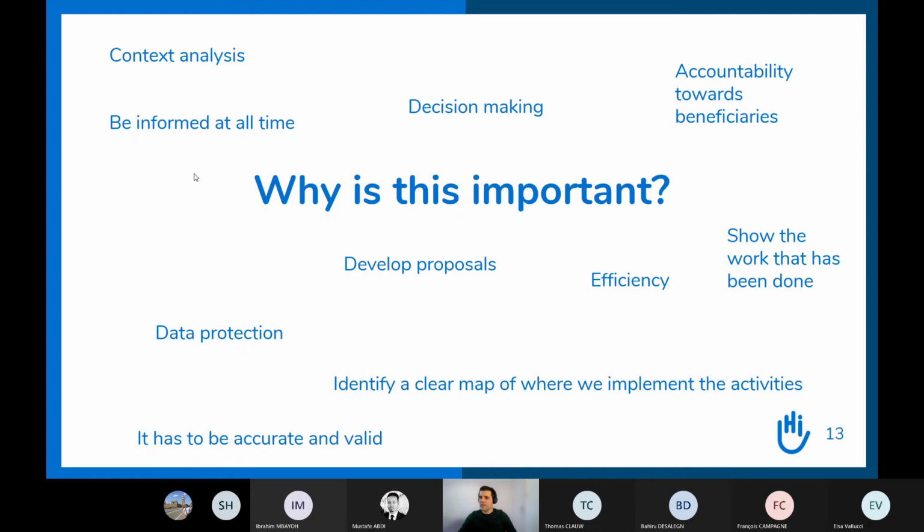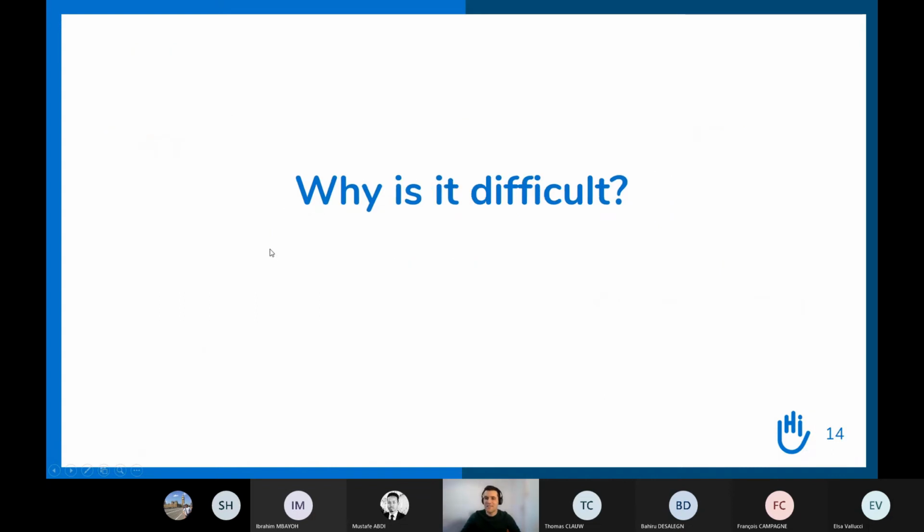Great. So we are going to move to the next question, which is the logical following, and even Thomas, you already started to talk about it. So it's why is it difficult, and in other words, what are the challenges related to information management?